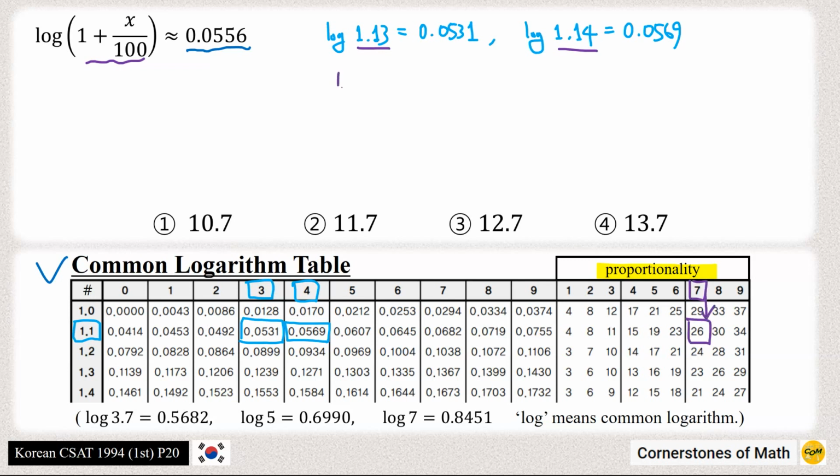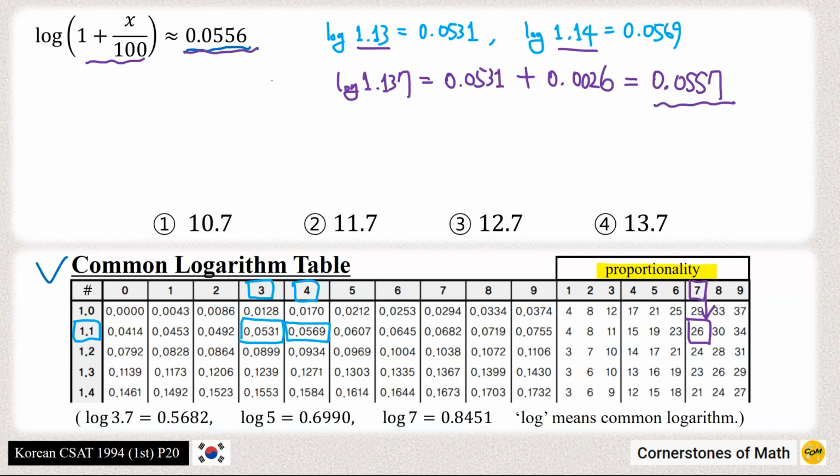So we can say that log 1.137 is log 1.13, so 0.0531 plus 0.0026, which is 0.0557, which is the closest value to this.